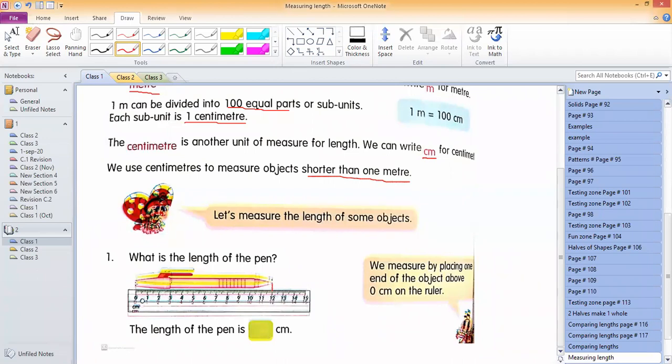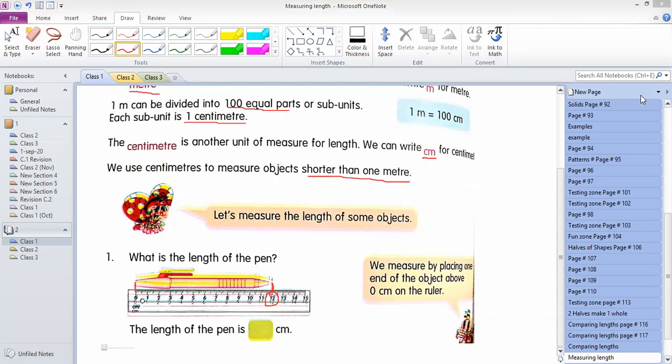Look, its first end is placed at 0, and this is the second end of the pen. Check the number and tell me the length of this pen. I'm going to open your mic and you will tell me. Yes, guys, what is the length of this pen? 12. Very good. The answer is 12 centimeter.